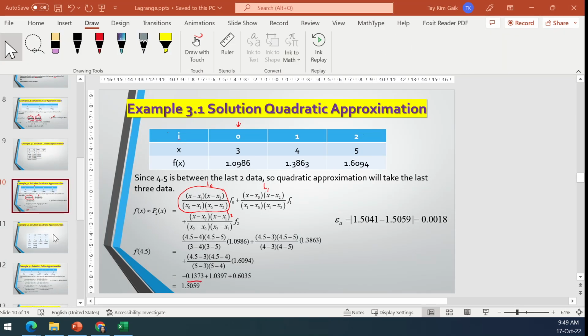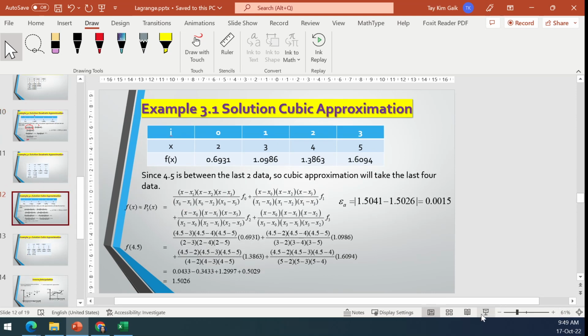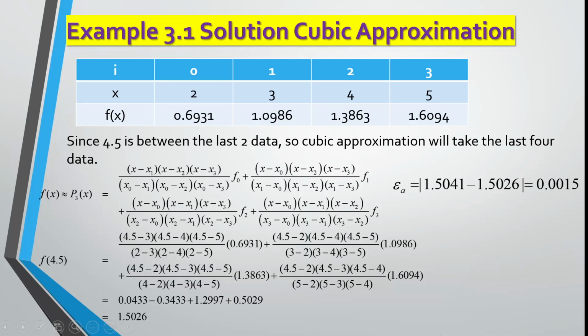So that was manual, and Microsoft Excel. Now for the cubic, you see the more points that you take, the calculation becomes tedious if you do it manually. So for 4.5 between the last two data, if you want to take cubic, then you need to take 4 data points.